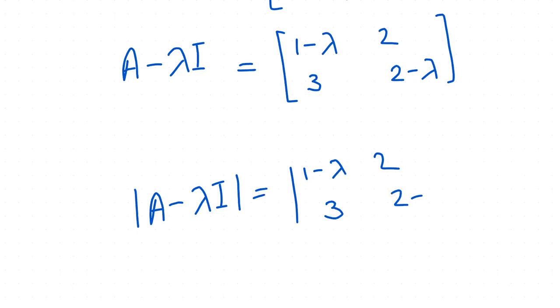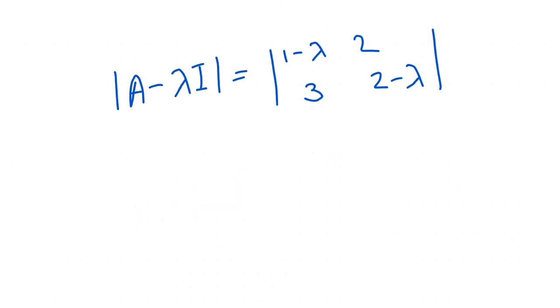Now let us put this determinant as 0 also. 1 minus lambda into 2 minus lambda. Are you getting me? Yes, ma'am, I get it.